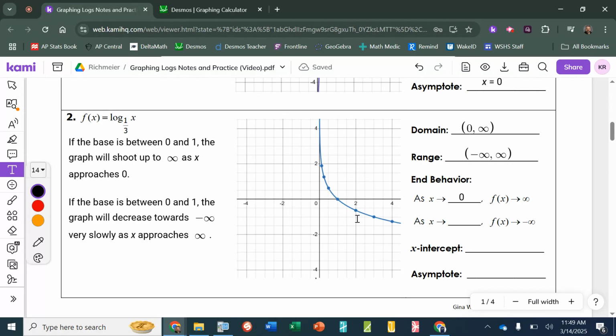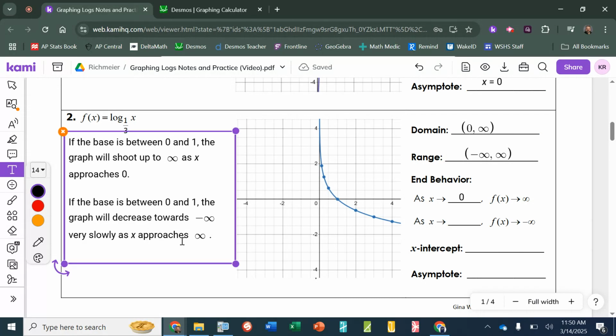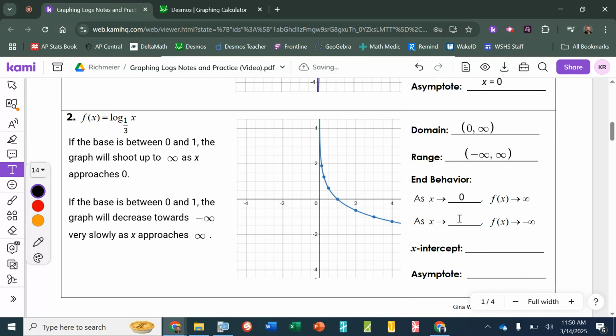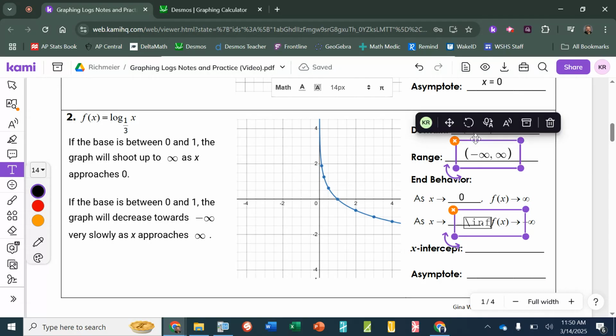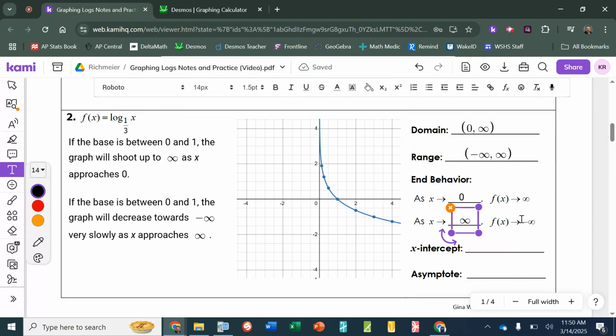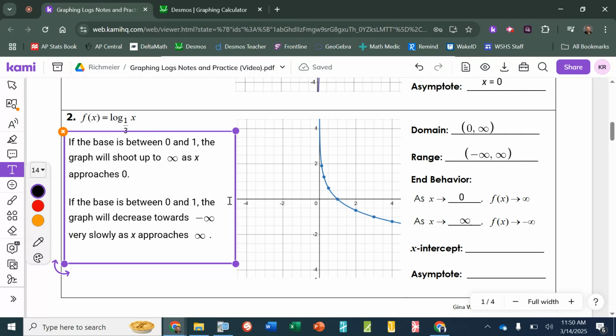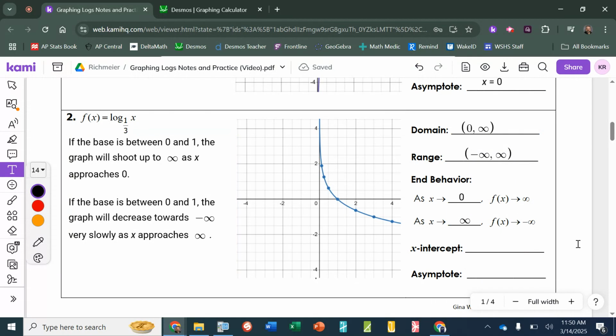Well, that happens as x goes in the positive direction. So as x approaches infinity, it slowly goes to negative infinity. So we're just going to put in a positive infinity symbol. All right. So as x goes to positive infinity, in this case, when the base is between 0 and 1, the function is going towards negative infinity.